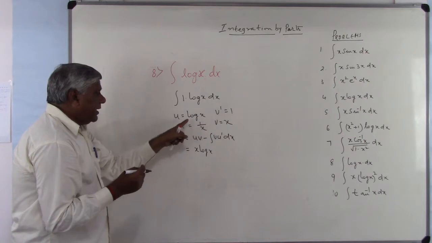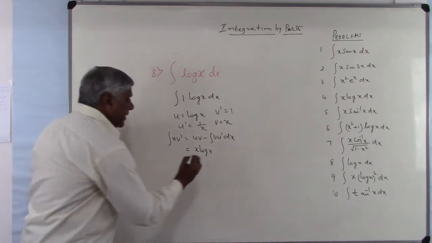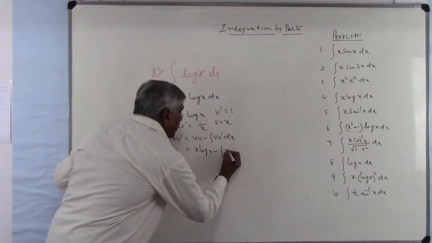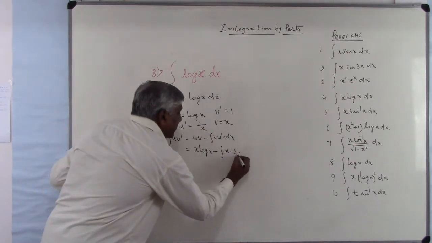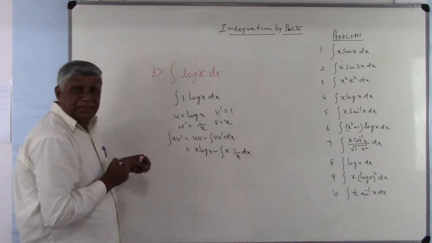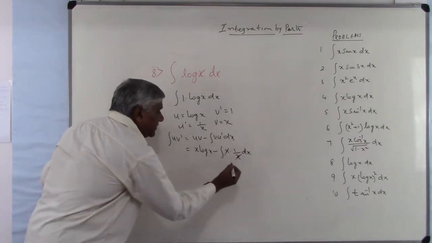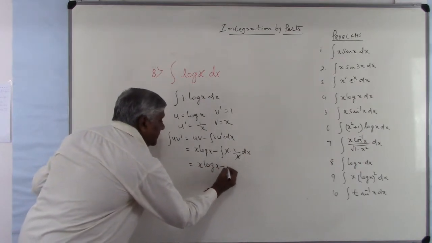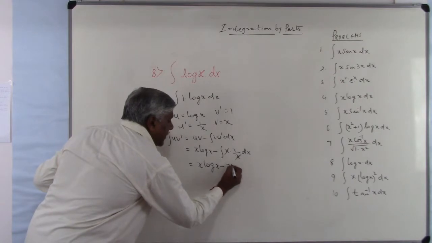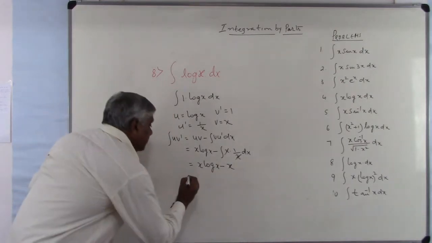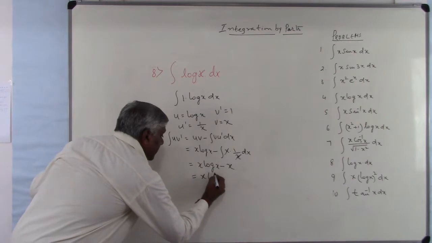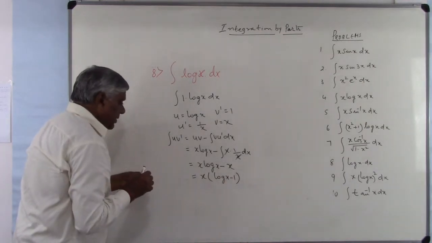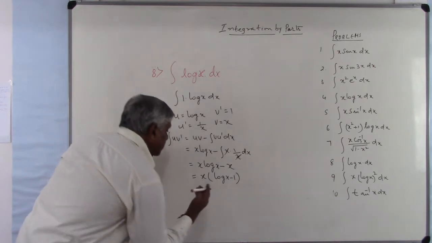So uv is x log x minus integral v is x, u dash is 1 by x, into dx. Now this x and this x cancel. Therefore, x log x minus integral dx is x. Take common x, it becomes x times log x minus 1. So this is the answer for this problem.